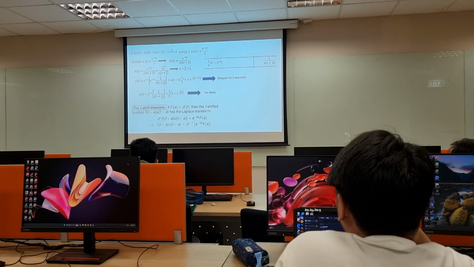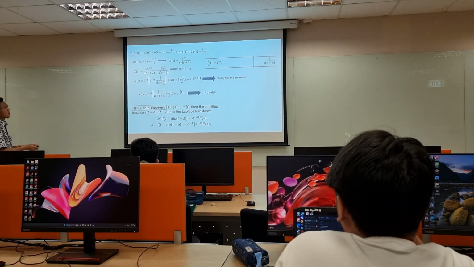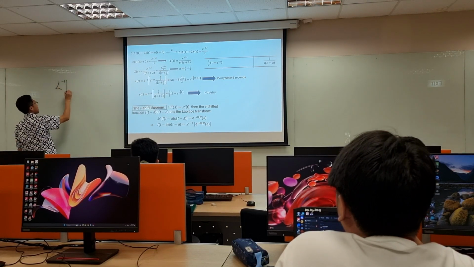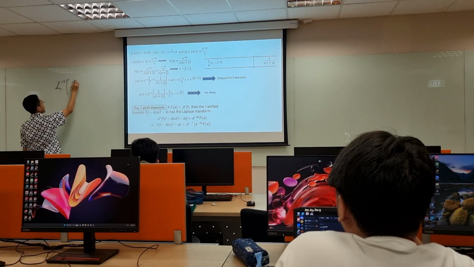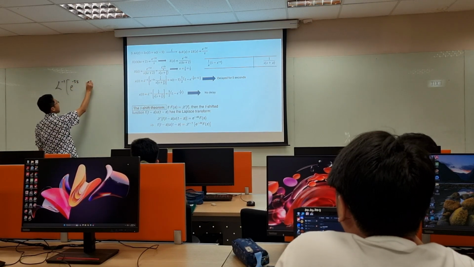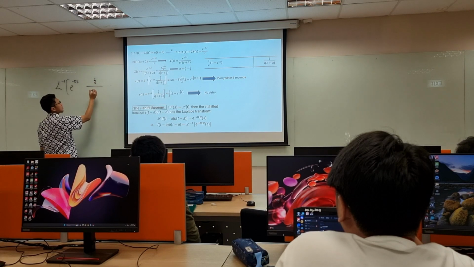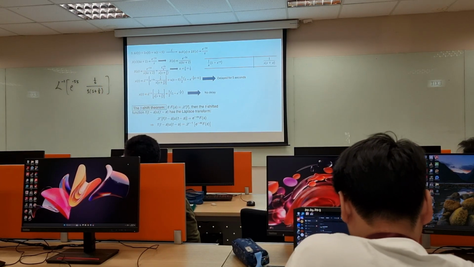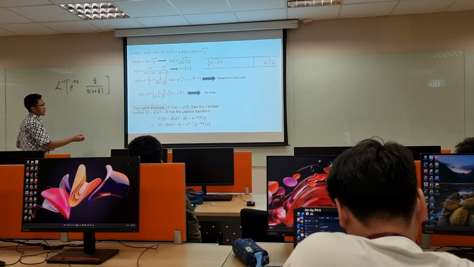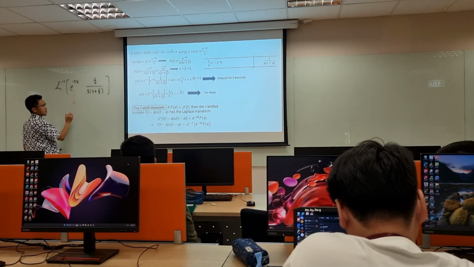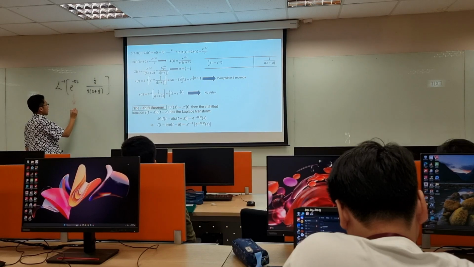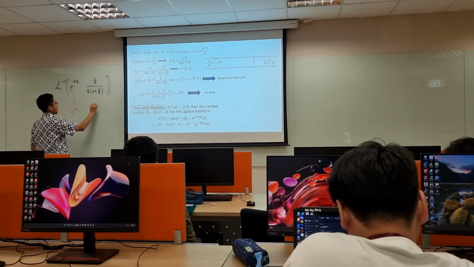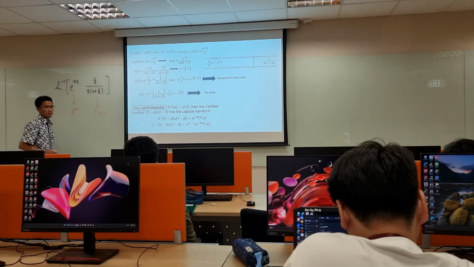So if I write it on the board, you have Laplace inverse of this one, and then we have the 1/6. So you recognize that this is the e to the power of minus 5s, and this one is the F(s), okay?